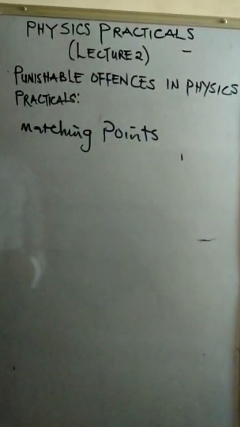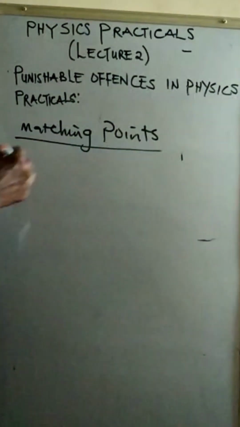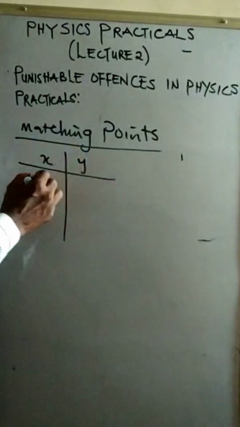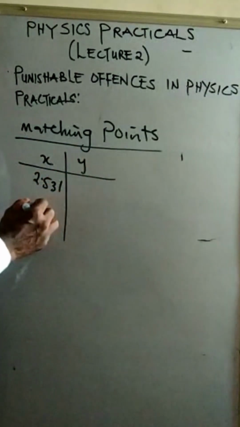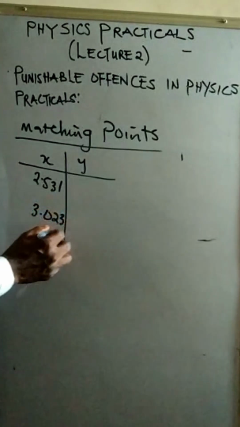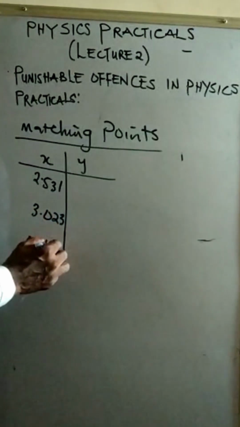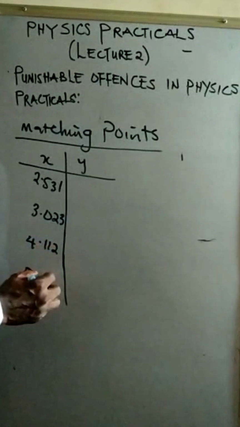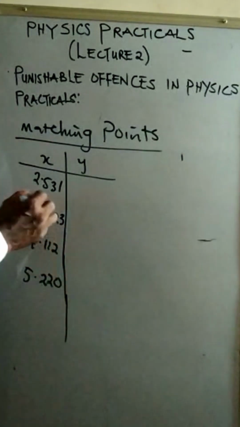I would like to show you what matching points is. For instance, you have these readings. Maybe x is 2.531, and then the next value you have 3.02, let's say 3, and then the next point you have 4.112, followed by possibly 1.220.